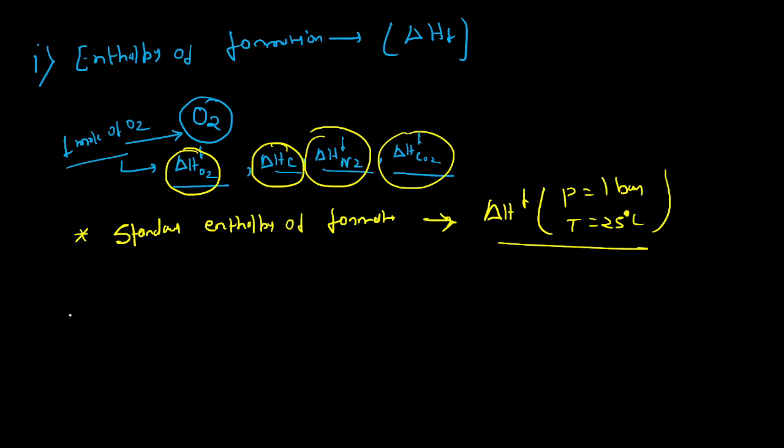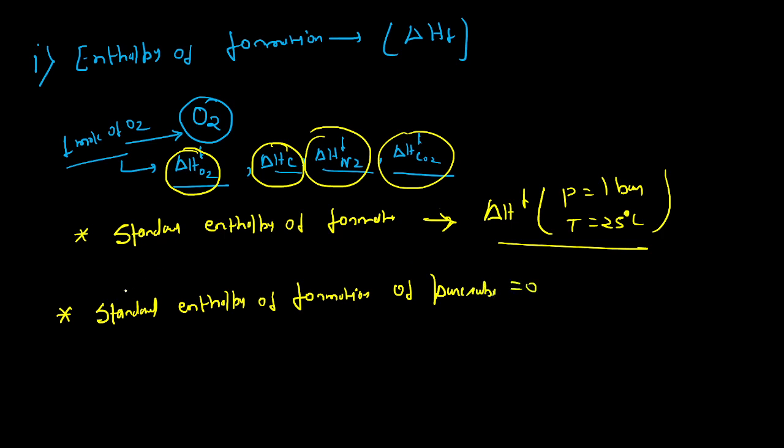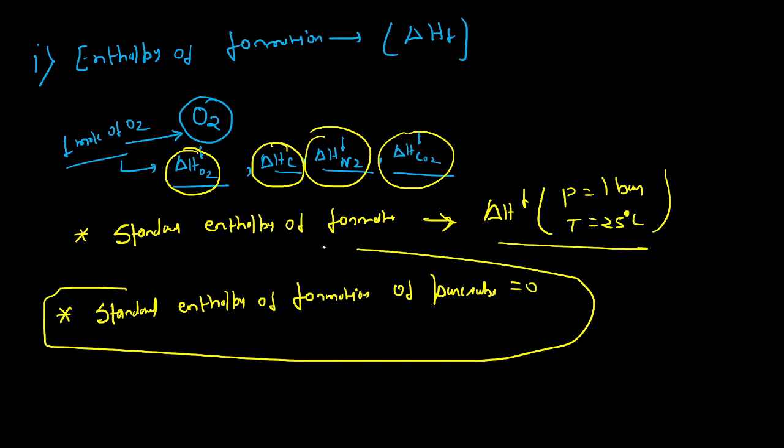Next, a very important thing: the standard enthalpy of formation of a pure element is assumed to be 0. With respect to this, we calculate at a particular condition of temperature, right? That is called the standard enthalpy of formation.